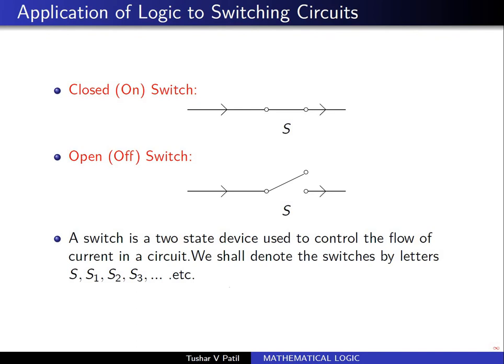We shall denote the switches by letters S, capital S, S1, S2, S3, etc. Look at the first figure. Here the switch is closed and it is denoted by S. And look at the second figure. Here the switch is open, that is off.